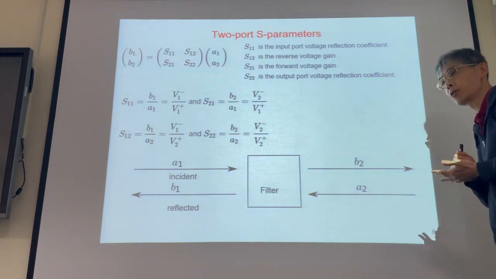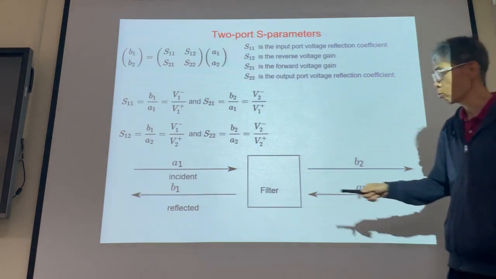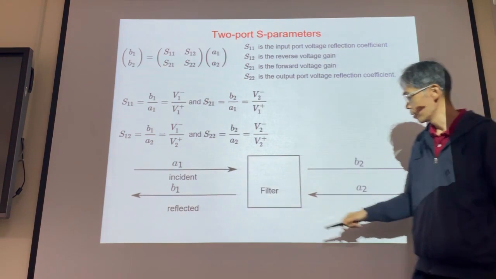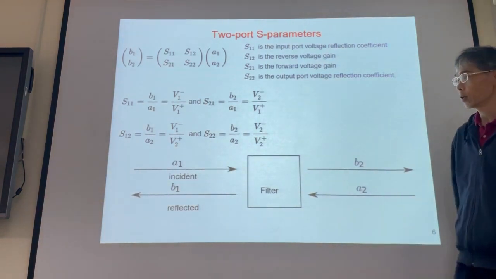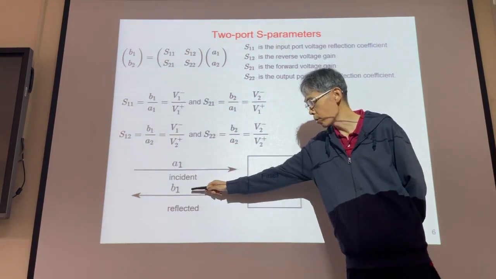And before we continue, we will introduce the two-port S parameters, because we need them in our discussion. So this is a two-port system. Port 1, port 2, and at port 1 we have incident A1 and reflected B1.